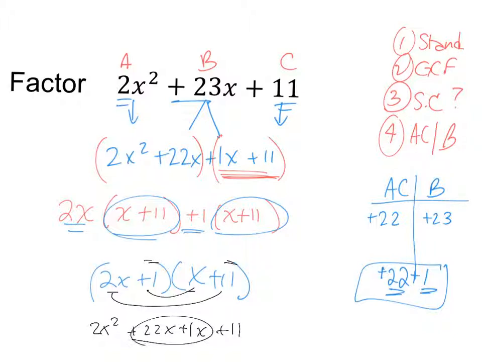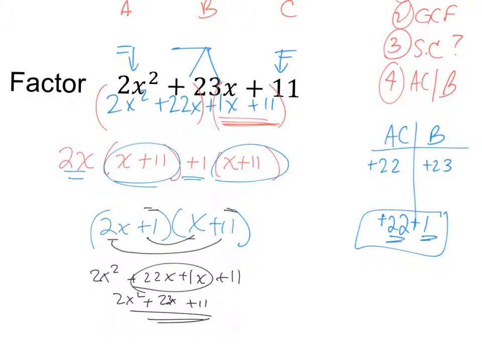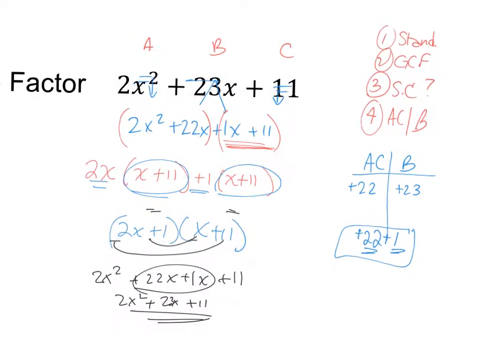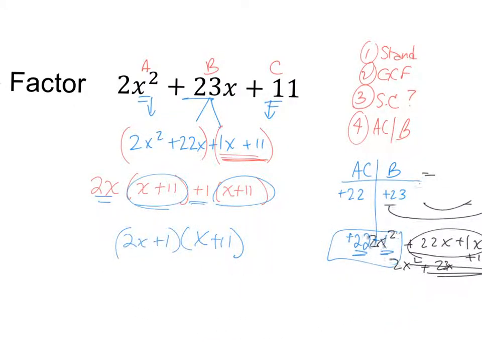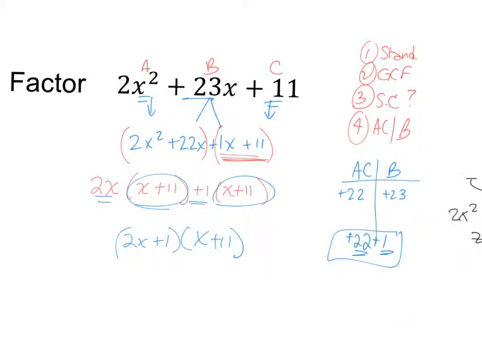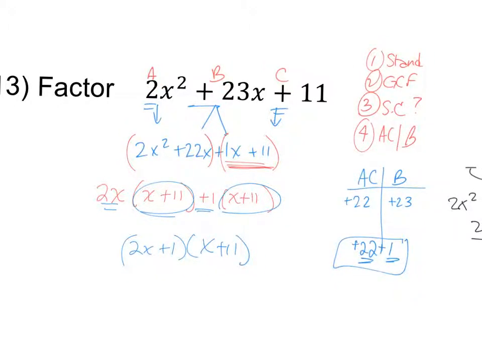And the middle terms combine to 23x. So as I look at my work and I refoiled it, it gives me the same, so I know that I factored it out correctly. My answer is 2x plus 1 multiplied by x plus 11. This is the factored form of the original.